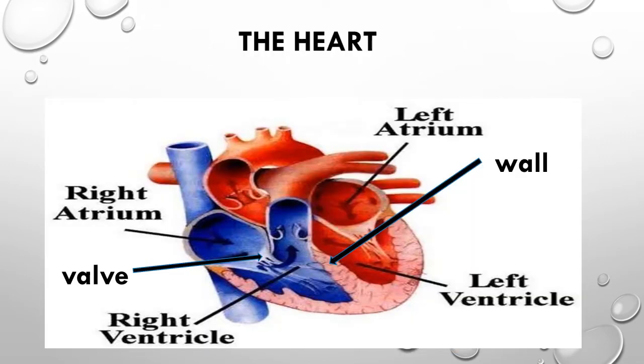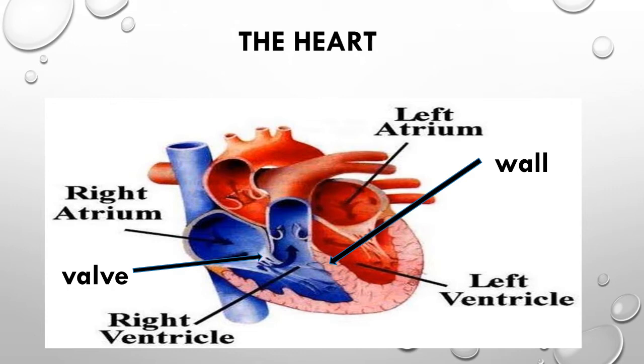Let's revise the structure of the heart again. We have said that the heart consists of 4 chambers located in 2 sides, right side and left side. The upper chamber is called atrium and the lower chamber is called ventricle. Then there is right atrium and right ventricle, and left atrium and left ventricle.